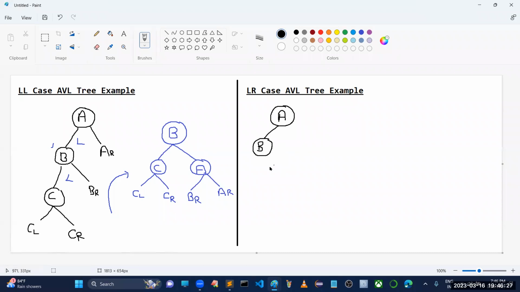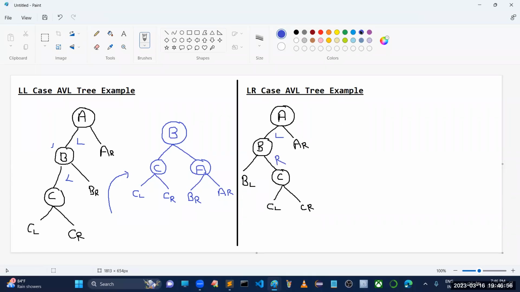And then C will become left child. For B, BL is nothing but the left child. And for C, CL is nothing but the left child. So CR will become right child. And for this A, AR will become right child. Like this we have. Now which rotation is it? It is left to this and right to this, LR.